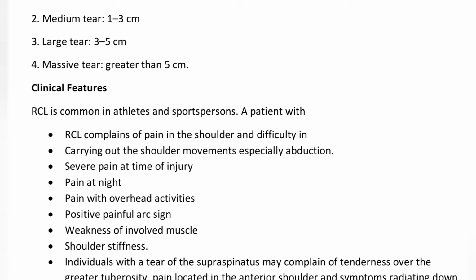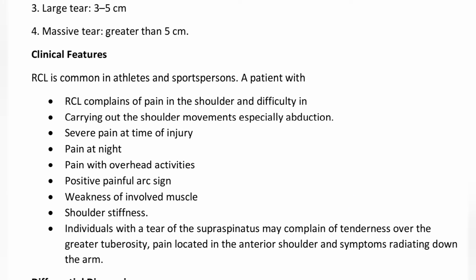There is severe pain at the time of injury, pain at night, pain with overhead activity, positive painful arc sign, weakness of the involved muscle, and shoulder stiffness. An individual with a tear of the supraspinatus muscle may complain of tenderness over the greater tuberosity, pain located in the anterior shoulder, and symptoms radiating down the arm.